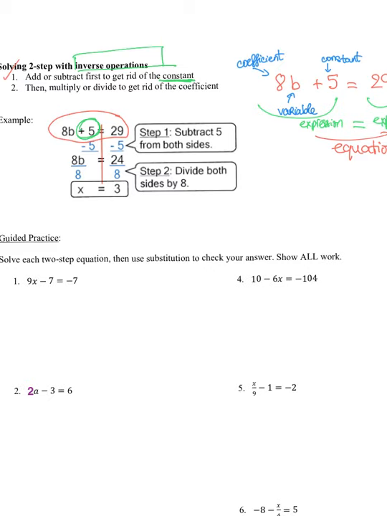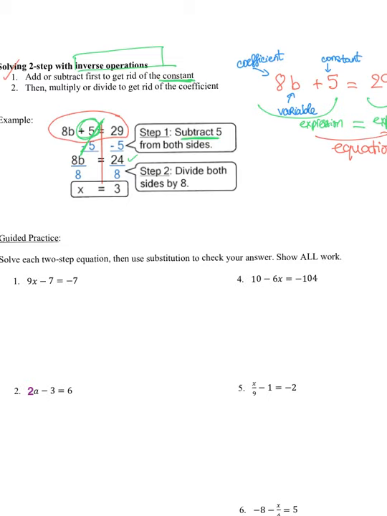What is the inverse of addition? Subtraction, right? So we're going to subtract 5 on both sides. After you subtract 5 on both sides, plus 5 minus 5 is 0. 29 subtract 5, I got 24. So we're done with step 1.